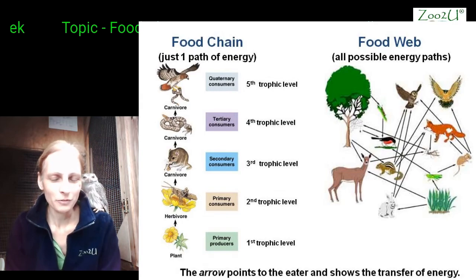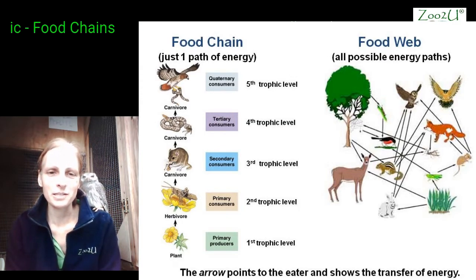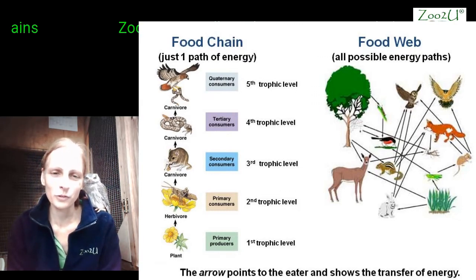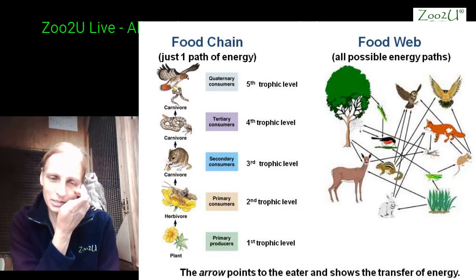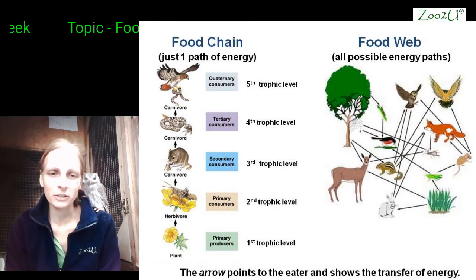And the point of creating food chains and food webs is so that ecologists can work out the relationship between all of the organisms that live together in a habitat. Because, as we all know, we have deforestation happening, we have species that are under threat or have been lost through extinction.